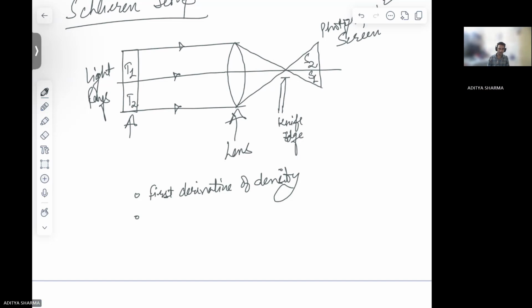Okay. And this is preferred when your refractive index changes gradually.